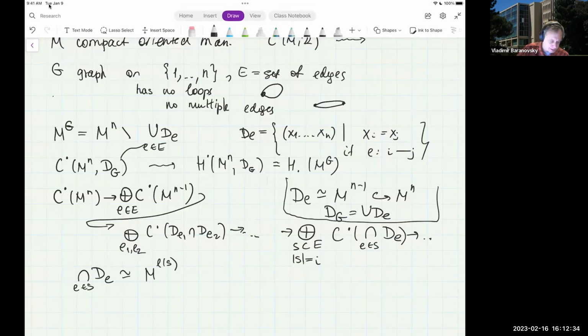Let me just give a simple example of a graph with 4 vertices. So it will be maybe 1, 2, 3, and then 4. If we're looking at these edges, we could start at the diagonal that corresponds to the edge from 1 to 2. So this will be the edge E1, and then there will be edge E2, and then we'll be adding to the subset edge E3.